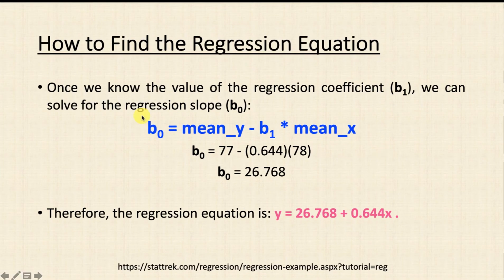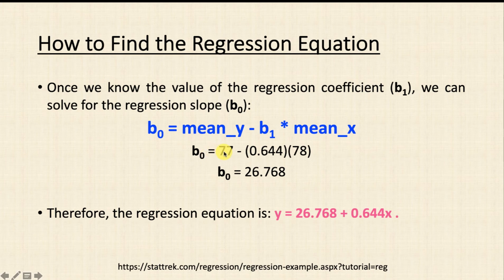Now let's calculate b0. Once we know the value of b1, we can easily find the regression coefficient, or you can say the regression intercept b0: mean of y minus b1 times mean of x.